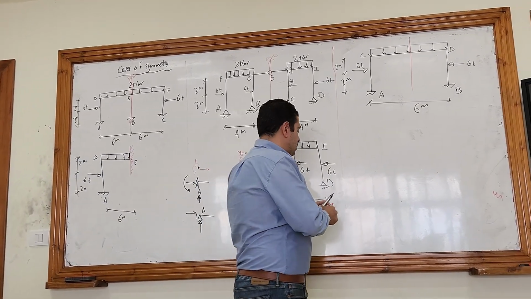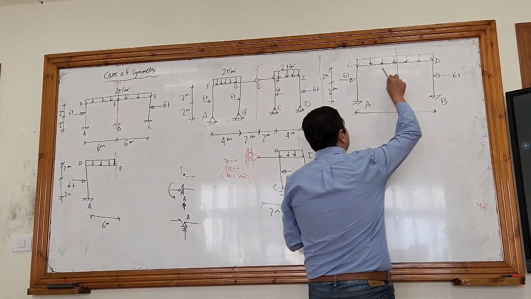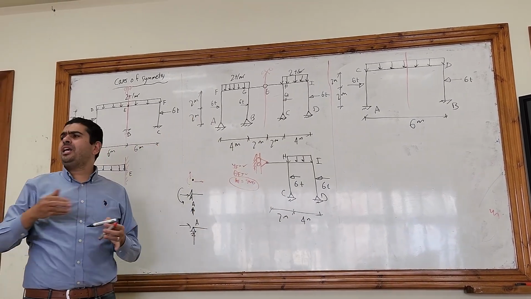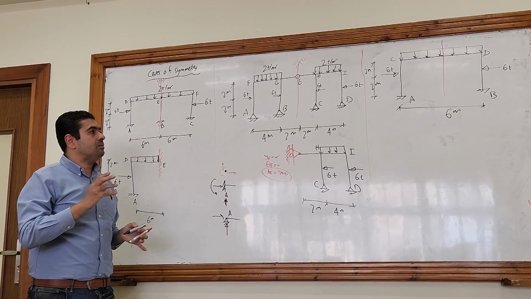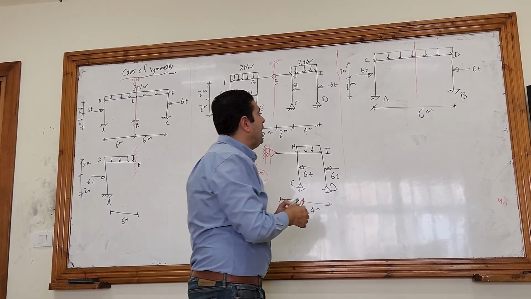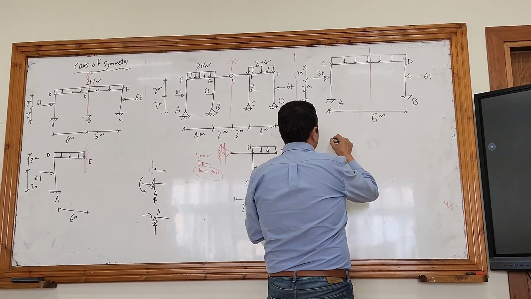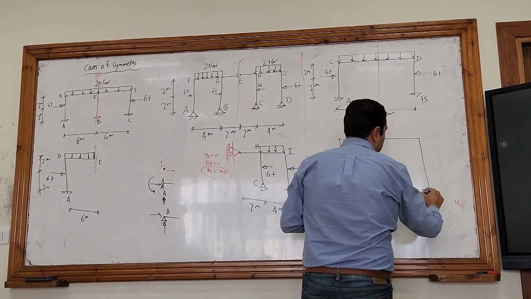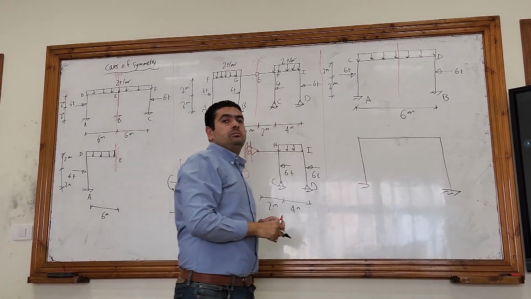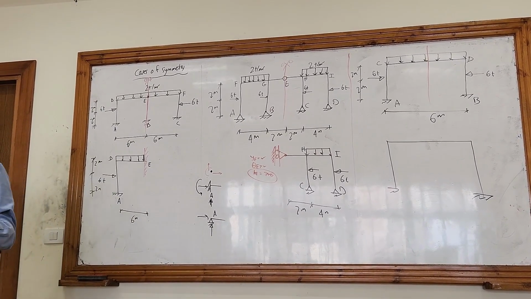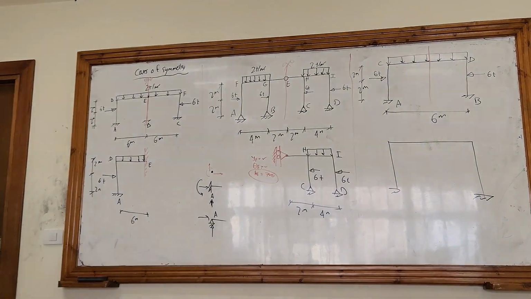You are not allowed, because when you think about the behavior of this point, you will not find any kind of support that will work with it. So in this kind, you have to work on the whole frame. You can't divide the frame into two halves.